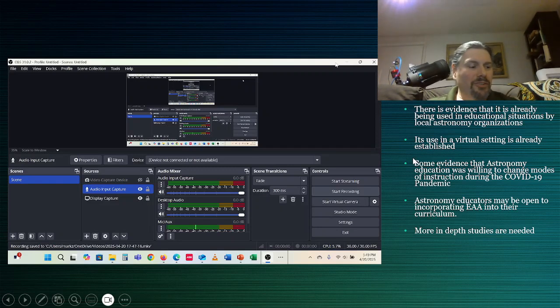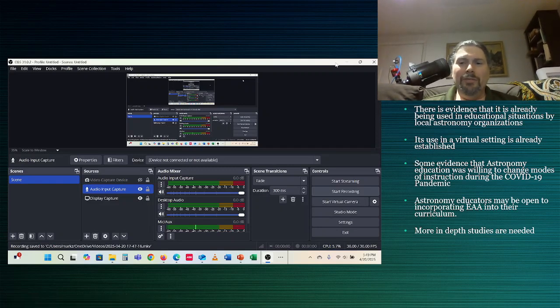So once again, a conclusion here. Electronic assisted astronomy is being used by amateur astronomy clubs and amateur communities, and it's being used for multiple reasons. But the main one is getting around light pollution, which is getting worse.